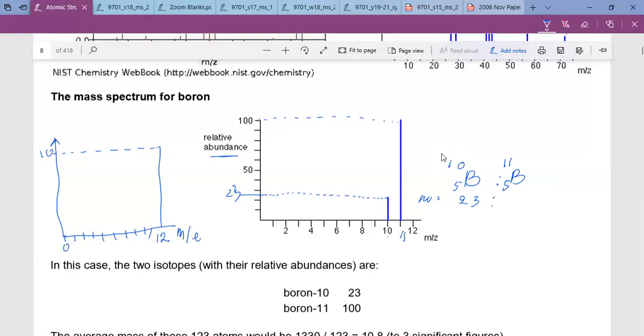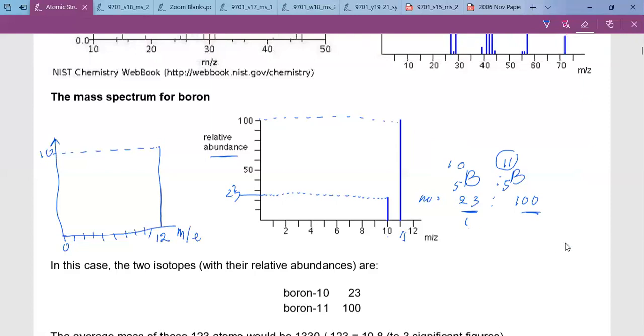And how many of these atoms of mass 11 are there? There's 100. Now, these two are the isotopic mass. Oh, sorry, relative. Okay, sorry about this.